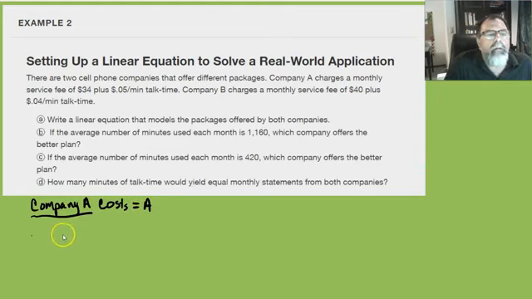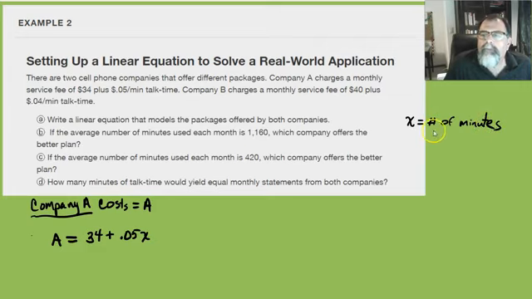So A is equal to a $34 monthly flat fee plus 0.05, and we'll say x is the number of minutes. So we should probably write that down somewhere: x is the number of minutes of talk time.